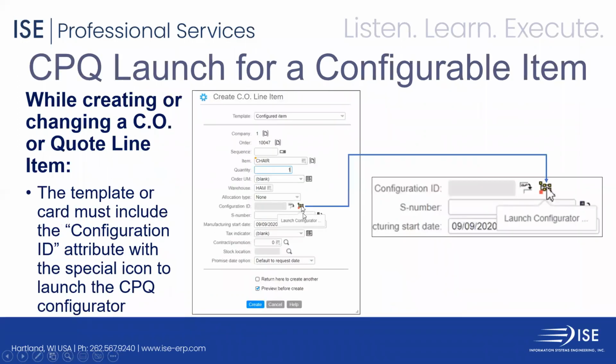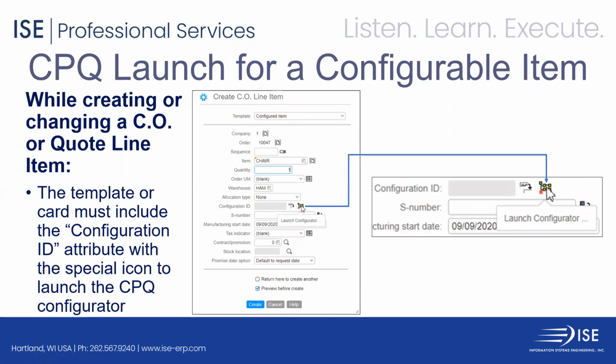Okay, and then you launch a configurable item from a CO line item, and a special icon exists. You have to be in a template for a configurable item, and you press that icon, and that will launch it.